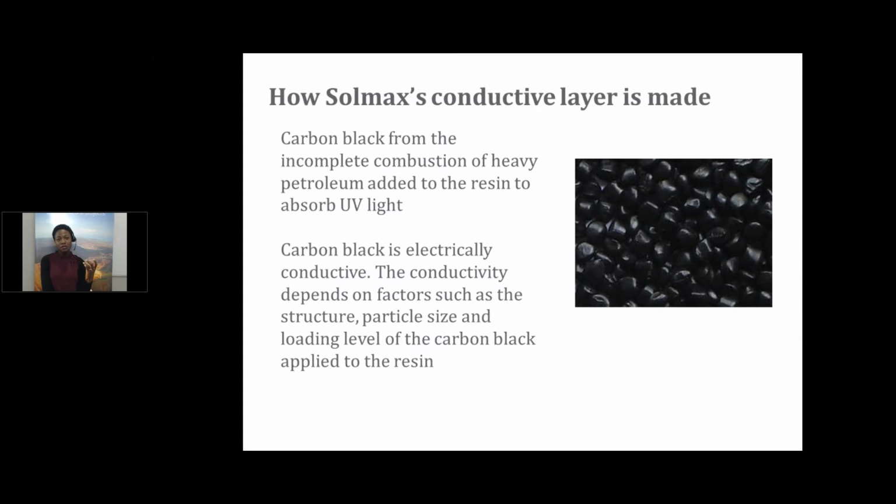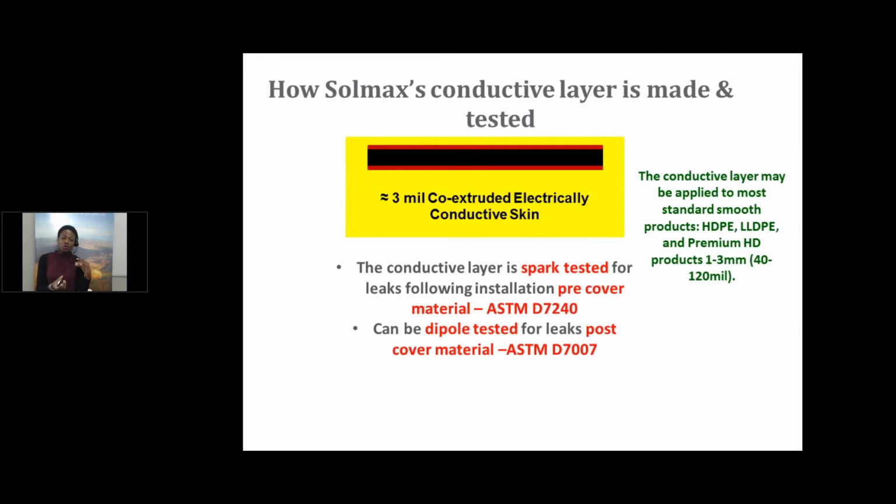At Solmax, the way we produce our geomembrane is we use a three-layer coextrusion process. So we have a core layer that has all the mechanical properties of the geomembrane, the same, and then we have the top and the bottom surface finishes, which we can change depending on what the client or the application requires. So for all of our products, say HDPE, the core materials are the same, but then the surface finishes can be changed.